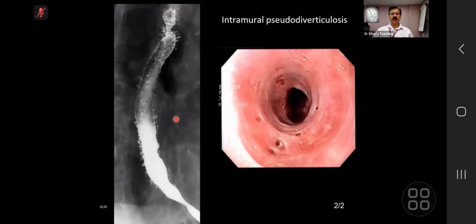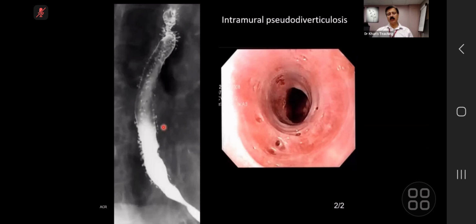And these ducts are in communication with the lumen. So when the patient drinks barium, that goes into those dilated ducts. When you see them in profile, they project like this, and like this. And this is what we call intramural pseudodiverticulosis. It's not going outside the wall.